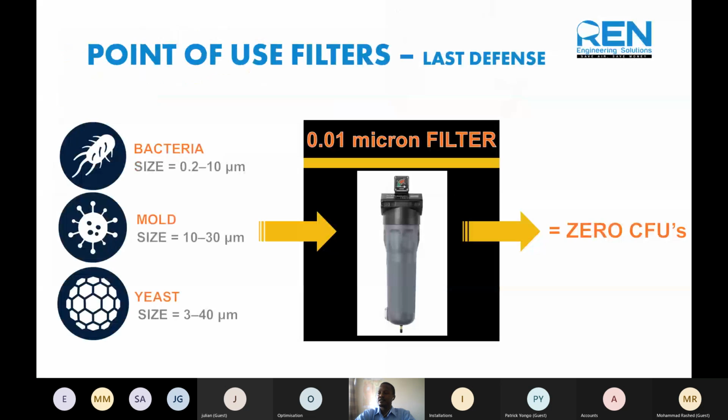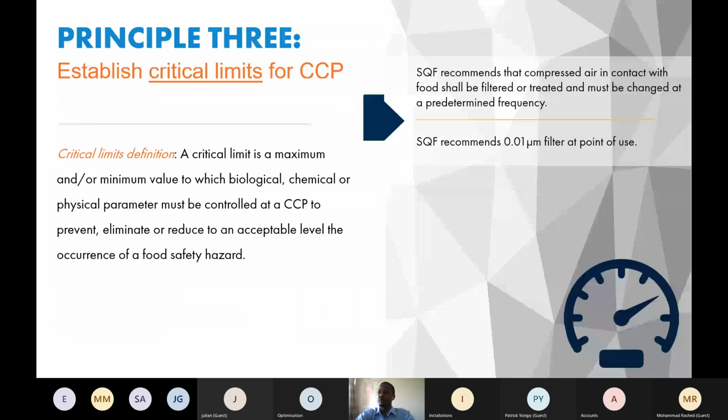So that is a 0.01, not just 0.1, but 0.01 micron filter at the point of use. And so that's specifically for the sterile applications.